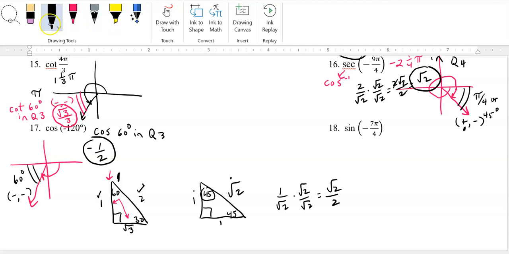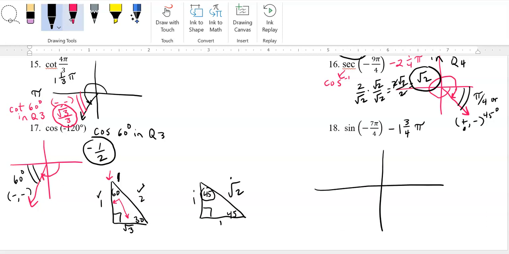Okay, one more. This is negative 1 3/4 pi. In the negative direction, this would be negative 1 pi, and then I need to go 3/4 along the top.